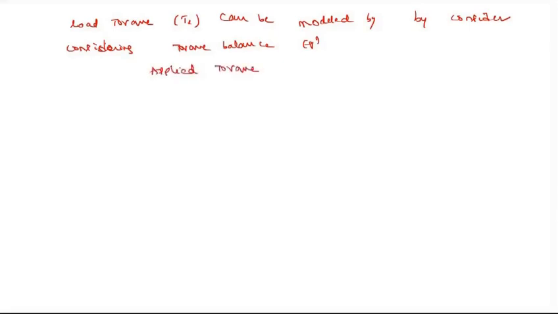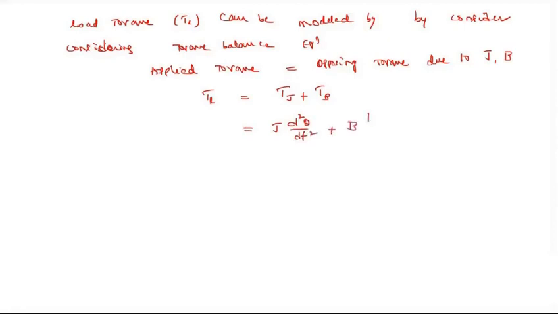If it is a mechanical translation system, you can write the force balance equation; if it is a rotational system, you can write the torque balance equation. So the applied torque is equal to the opposing torque due to the moment of inertia and B. Therefore, the applied torque is TL, and the opposing torque is Tj plus Tb. We know that Tj is equal to J into d square theta by dt square, and Tb is B into d theta by dt. This is TL, the load torque. This is equation number 2.